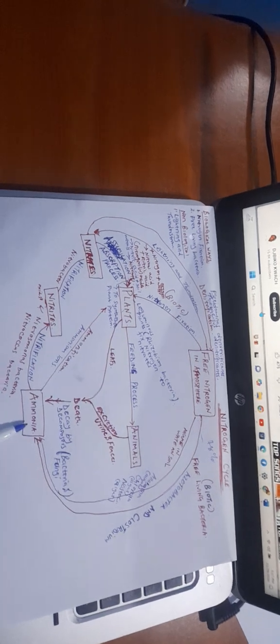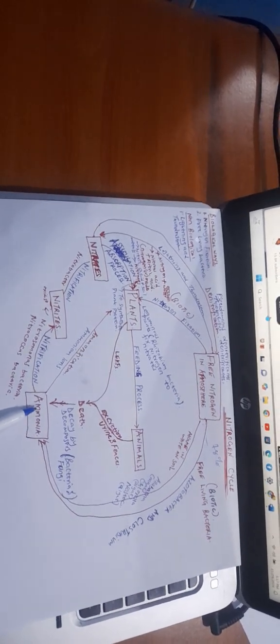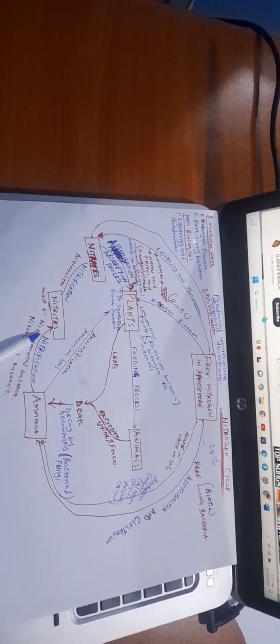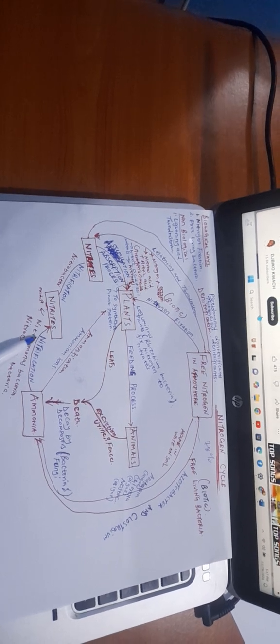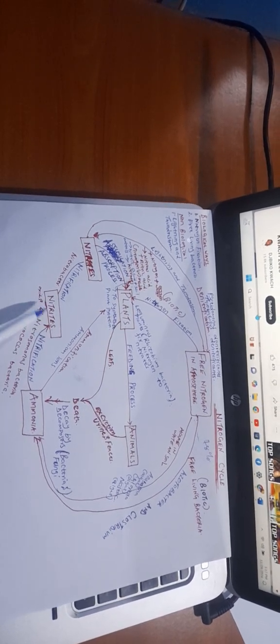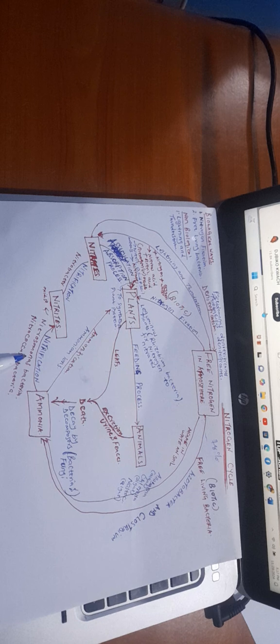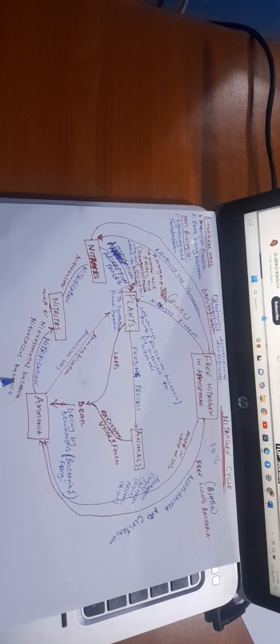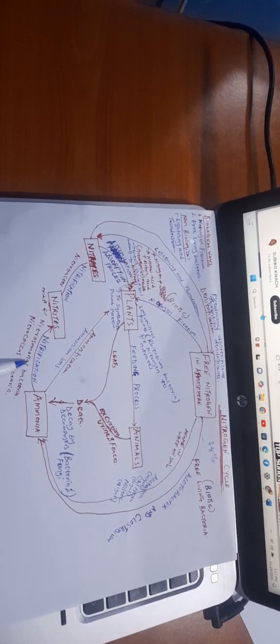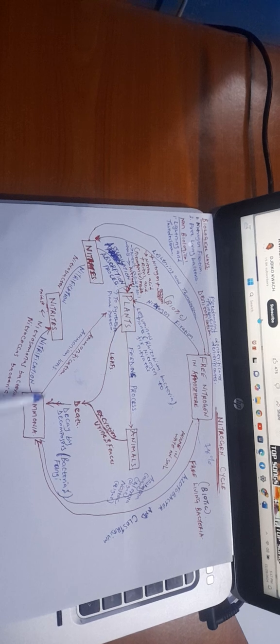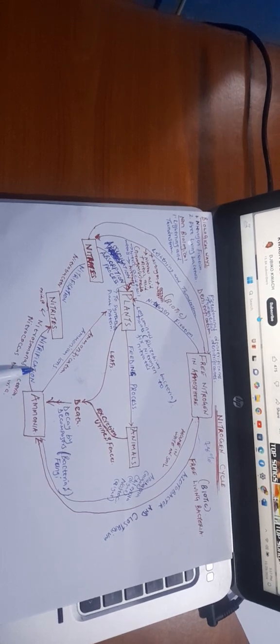Then on the other end, the ammonia will undergo a process called nitrification, and during the nitrification process we form the nitrates. The bacteria responsible are the nitrosomonas bacteria and the nitrococcus bacteria. These nitrosomonas and nitrococcus convert the ammonia to nitrites, a process called nitrification.